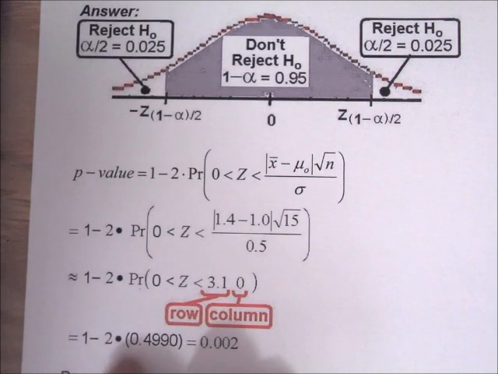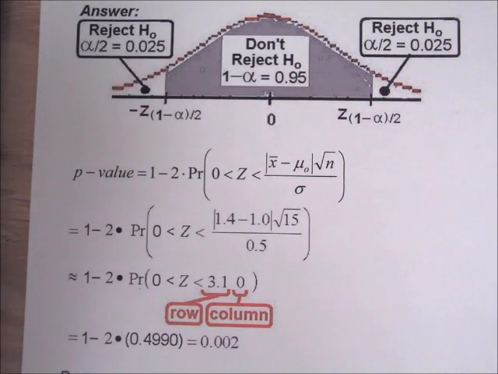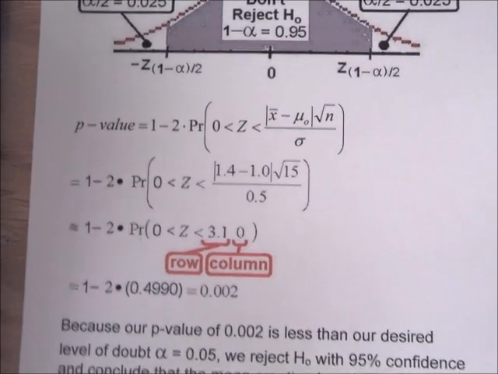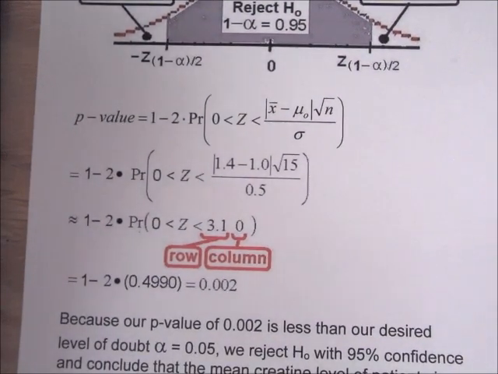Multiplied by 2 and subtracted from 1, we get a p-value of 0.002. Because our p-value of 0.002 is less than our desired level of doubt, alpha equal 0.05, we reject H naught with 95% confidence and conclude that the mean creatine level of patients is different than the mean creatine level of the general population.